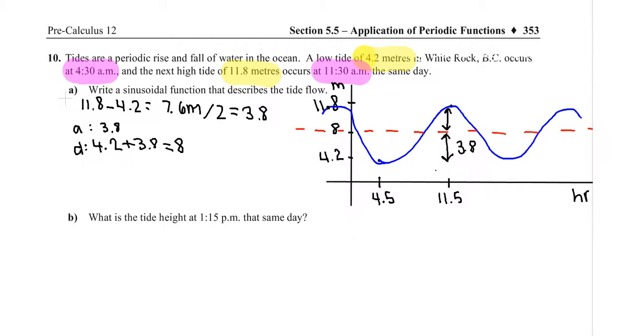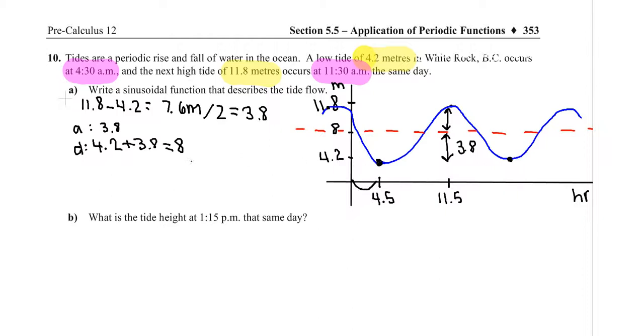Okay, so now we have found A and D, but we still have to find B and C. To find the phase shift, the way I did it is I see that the minimum starts here. If the minimum is here and we follow it up and then back down, this would be a full cos graph, and that would be negative cos. So it starts 4.5 in.